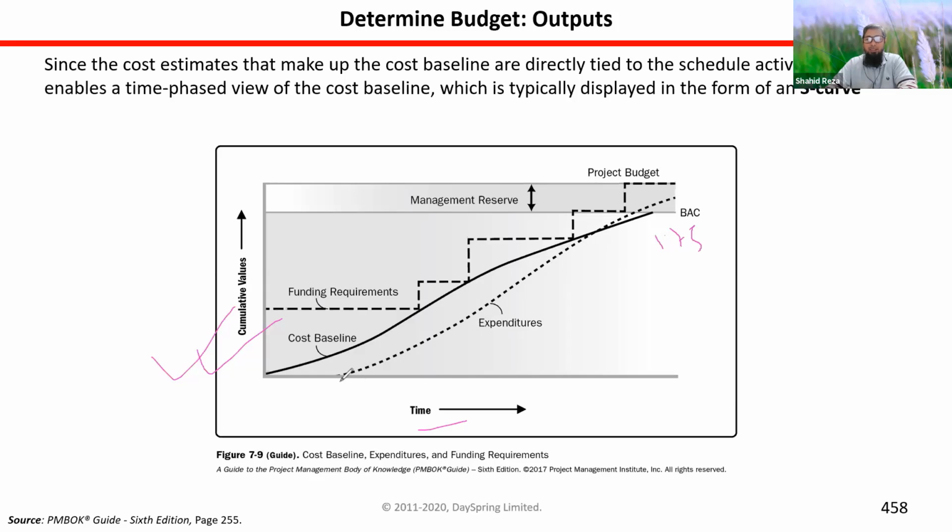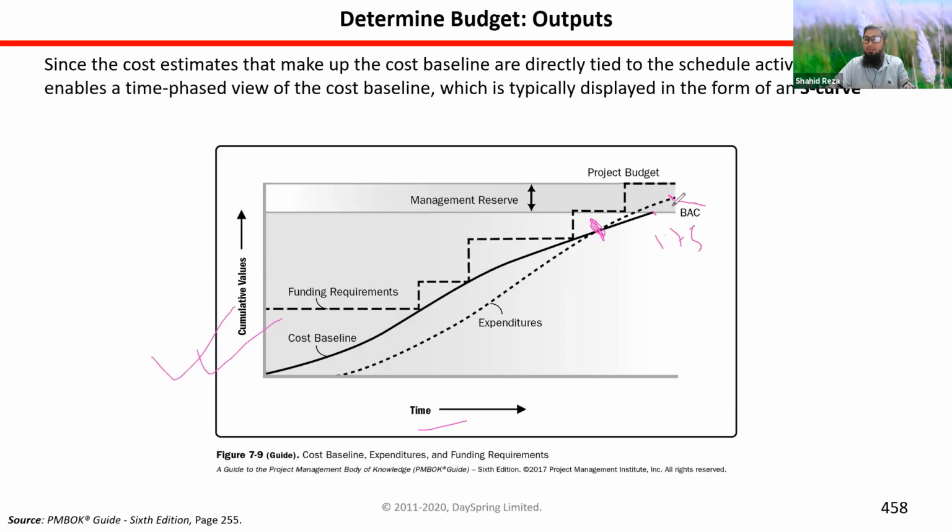So in this scenario, from this point till this point, our expenditure is lower. That means within control, within budget. But after this point, it shoots higher, right? And our target was to complete the project here. But what is happening? It is completing here, right?